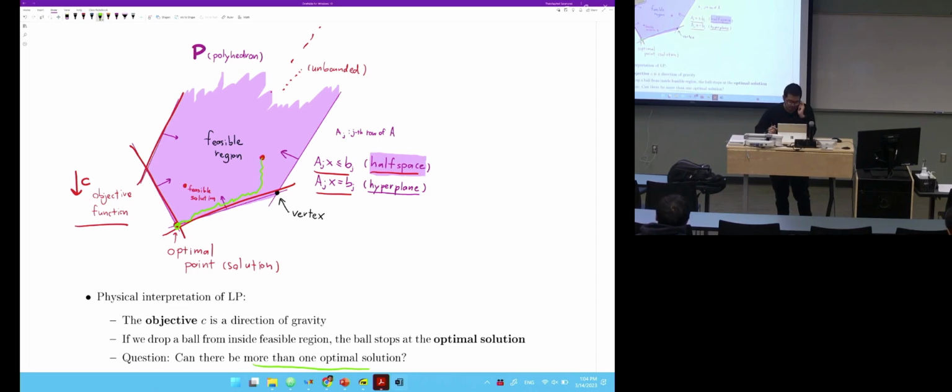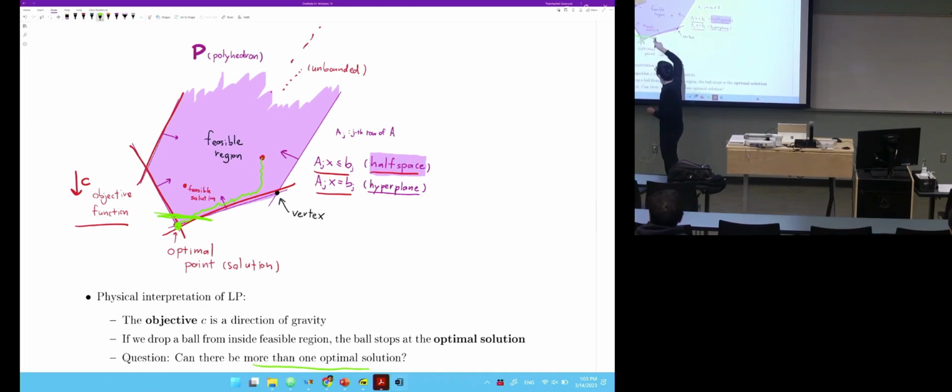So yeah, basically there can be more than one. In this case, there is just one. But what if I have some constraint like this? That is just a kind of orthogonal to the direction of the objective, right?